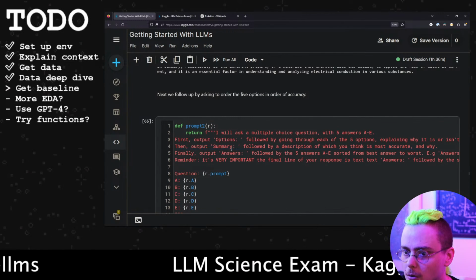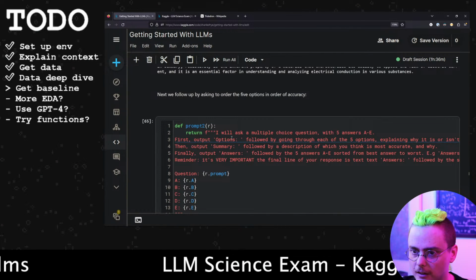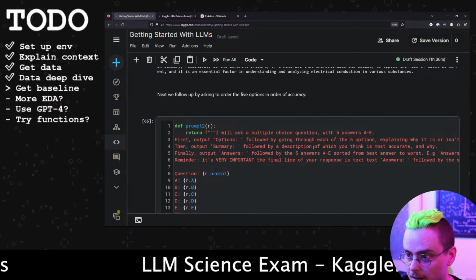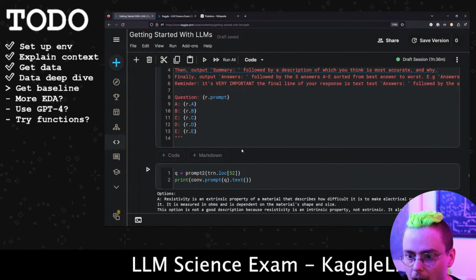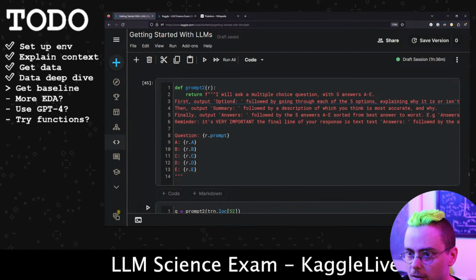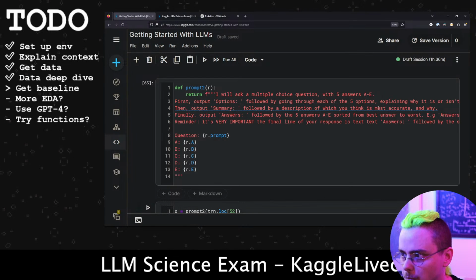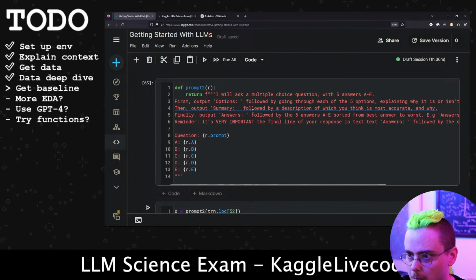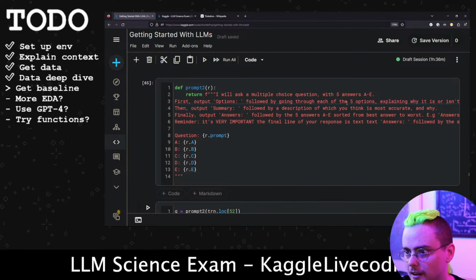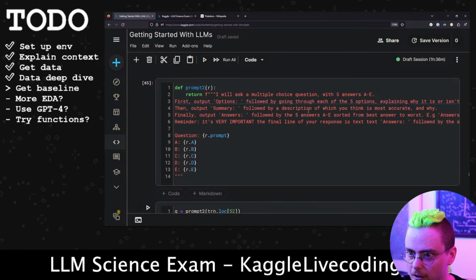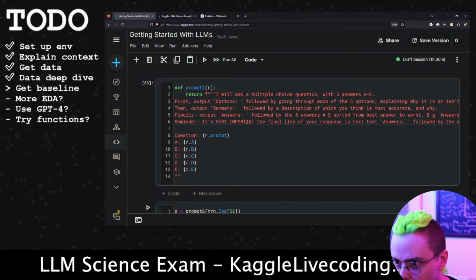We also changed what the model's asked to output. In addition to having that context, it first goes through the options and explains why an option is or isn't a good description, then outputs a summary of which the model thinks is most accurate, and then finally outputs the answer.